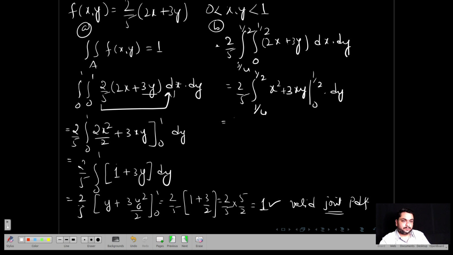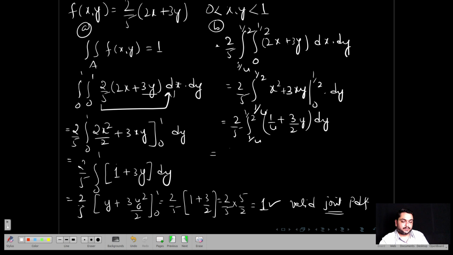So this comes out to be 2 by 5, 1 by 4 to 1 by 2. So 1 by 2 whole square is 1 by 4 plus 3 by 2 y. The rest becomes 0. So dy.